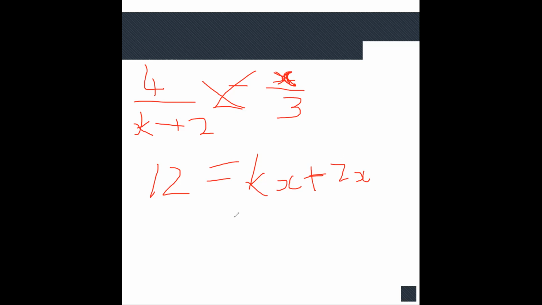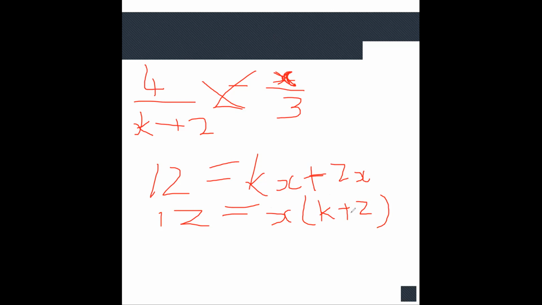So you factor. You factor out x from the left side, and you get x times k plus 2. Then they're asking you for what is k in terms of x, right?